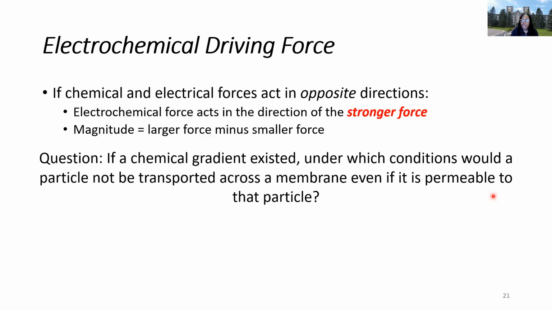If a chemical gradient existed, so let's say we have a difference in the concentration gradient, what condition would have to exist for there to be no movement across a membrane, even if the membrane were permeable to that particle?